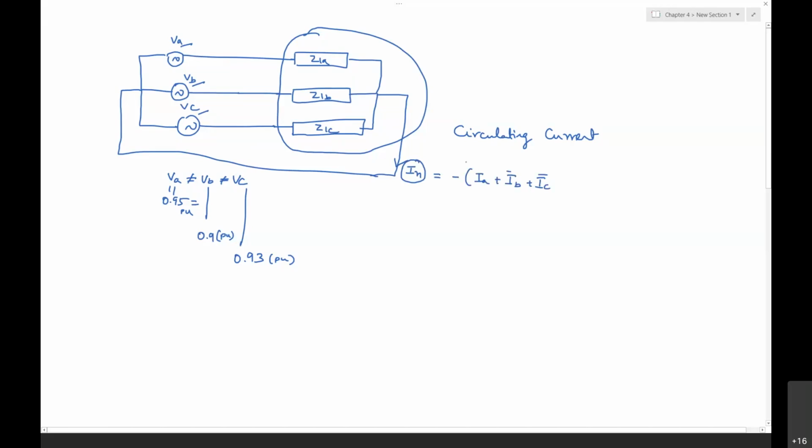It's simply IN is equal to minus of IA bar plus IB bar plus IC bar. This is about the neutral current, which is not required also. This is the neutral current which exists.